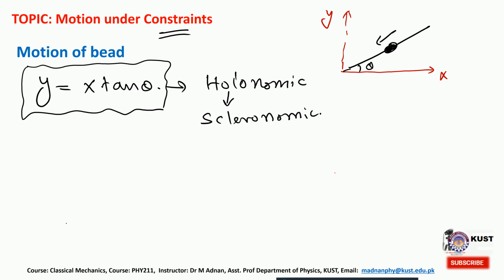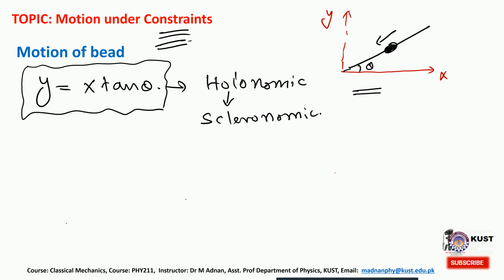Now in the last part of this lecture, I will be comparing the equation of motion for the motion of this bead along this wire that we will be obtaining with the help of energy description, with the Newtonian approach, just to see how simple the energy mechanism is once constraints are introduced in the system.